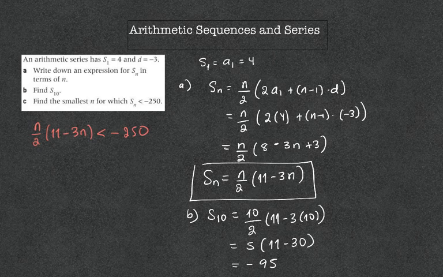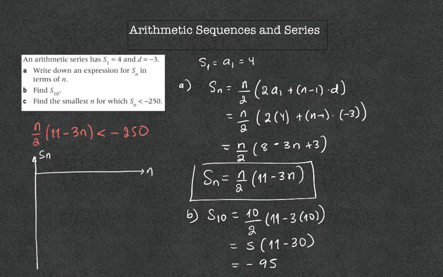So what I would do in this case is try to solve this with the calculator. One way that is easy that you can do is graphing. So if you graph on the vertical axis Sn and on the horizontal axis you draw n, you're going to be able to see the intersection between minus 250 and Sn.